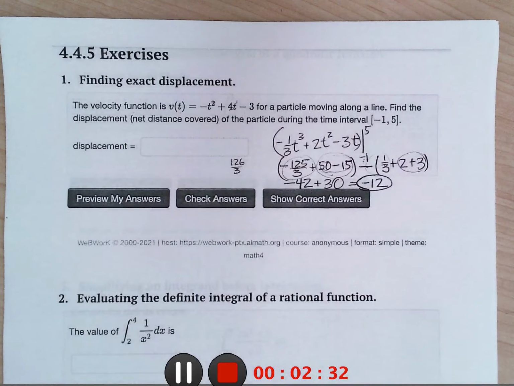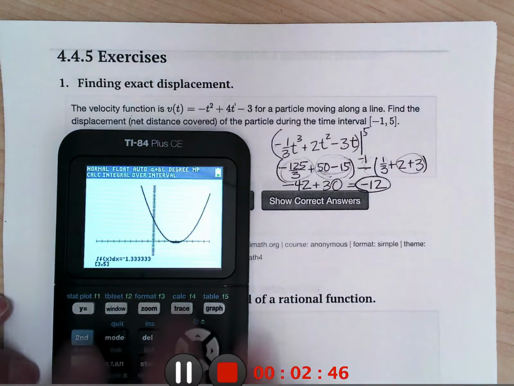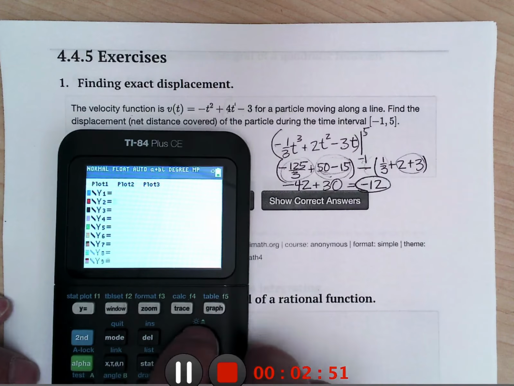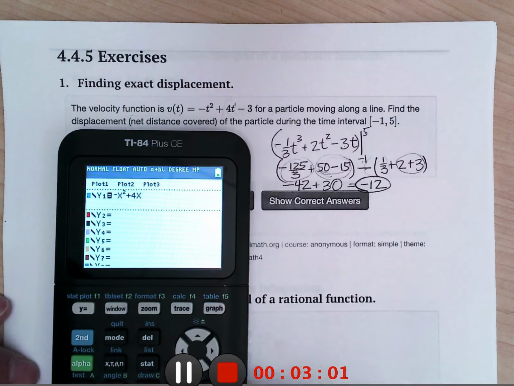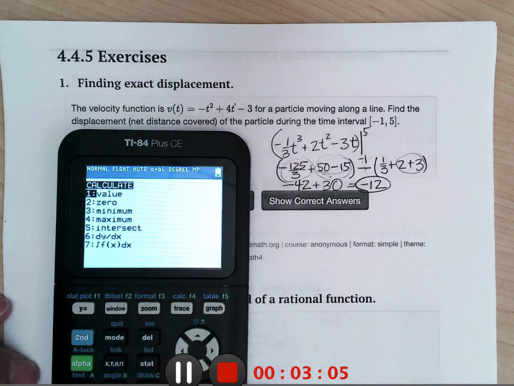And now let's check that, to make sure I didn't make an arithmetic error. I'll pull up my calculator and type in negative x squared plus 4x minus 3. Second, calculate, 7.